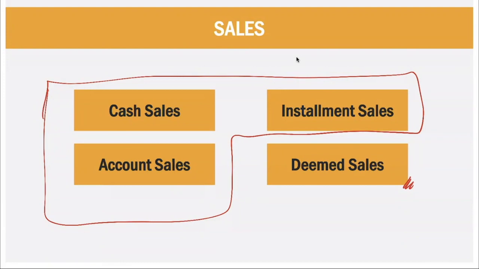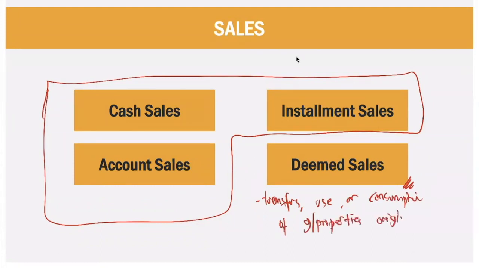So what is this deemed sale transaction? Normally, deemed sale transactions are different transfers, use, or consumption of goods or properties originally intended for sale or use in the business.